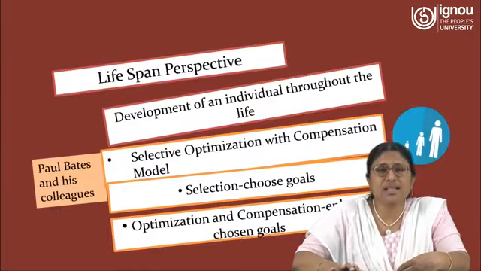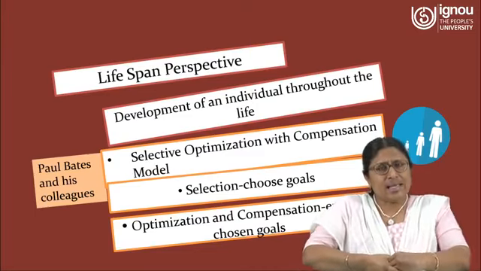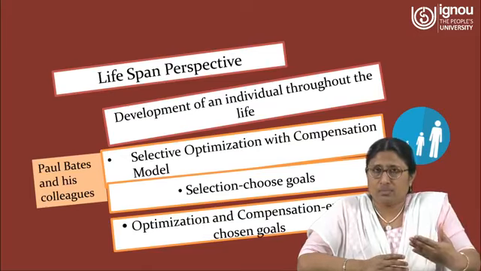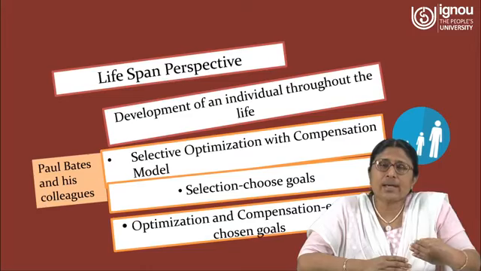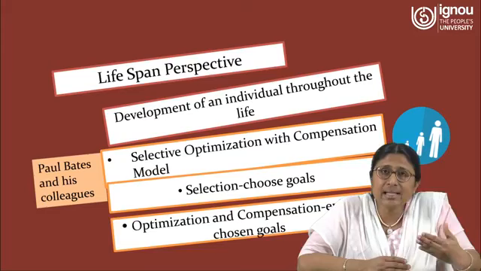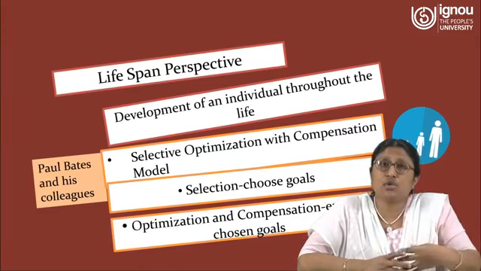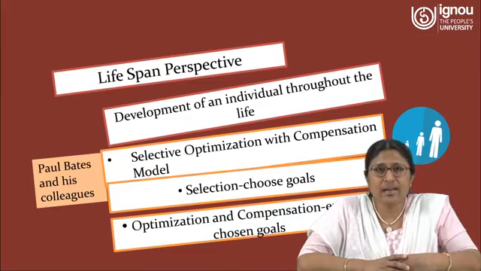Let me explain the selective optimization with compensation model with an example. Suppose the ambition of a child is to become a doctor. What does the child have to do? The child has to concentrate on such areas, such specialization, science subjects. So it is necessary for him or her to add knowledge and understanding about the different areas.